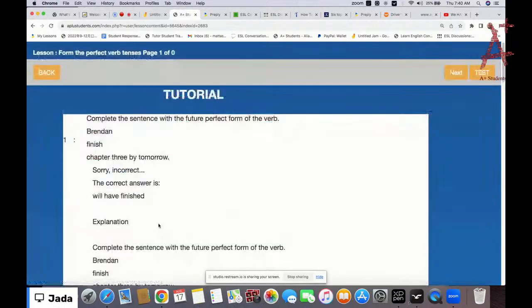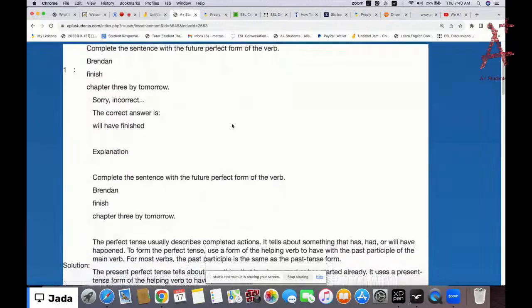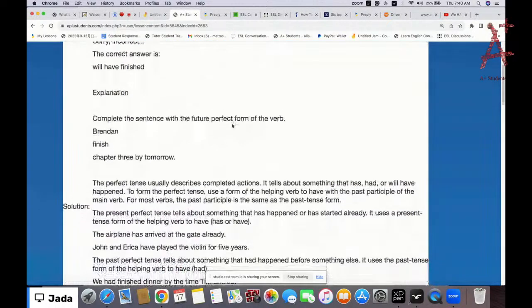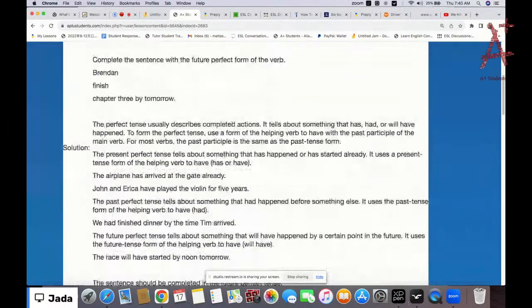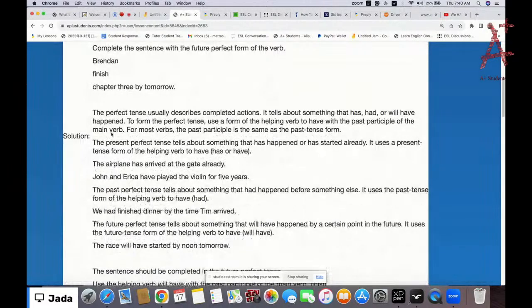So from the perfect verb tenses, this is the last part. This is the same thing that we've been doing so far. It's just the last part, forming a sentence. So the perfect tense usually describes a completed action, tells about something that has or will have happened.